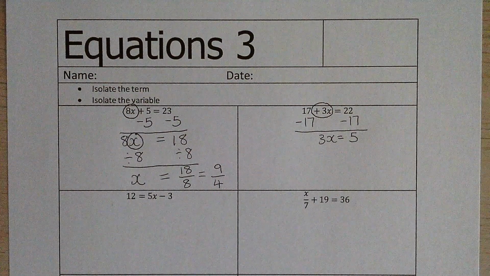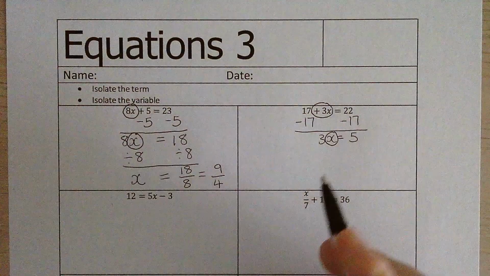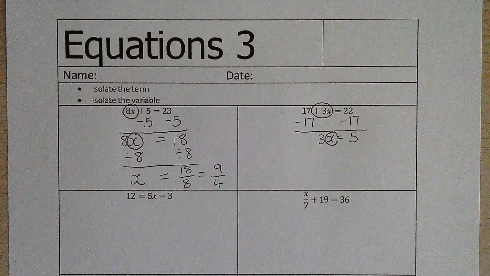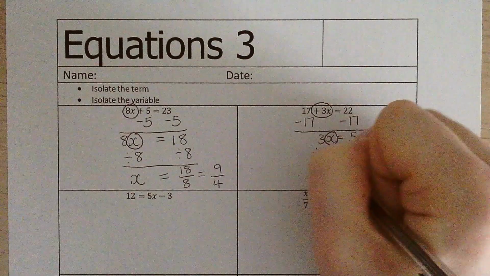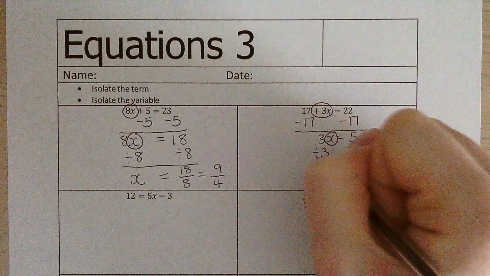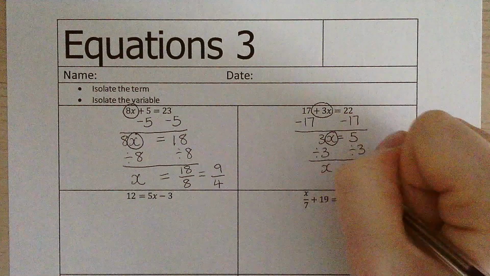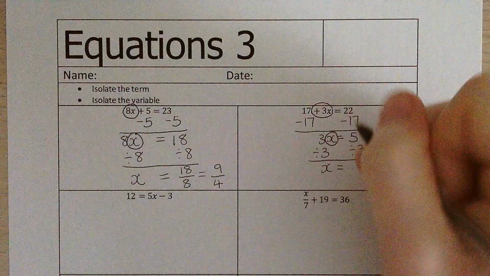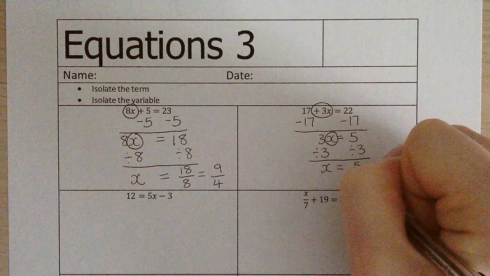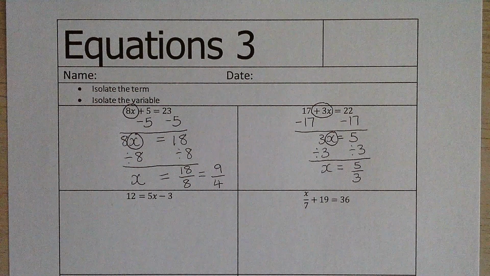I now need to isolate the variable, so I now need to get rid of this 3. This 3 is multiplying x, so dividing both sides by 3 will cancel the 3's out, leaving me with just x. The equal sign drops down, and 5 divided by 3 can be left as 5 over 3.